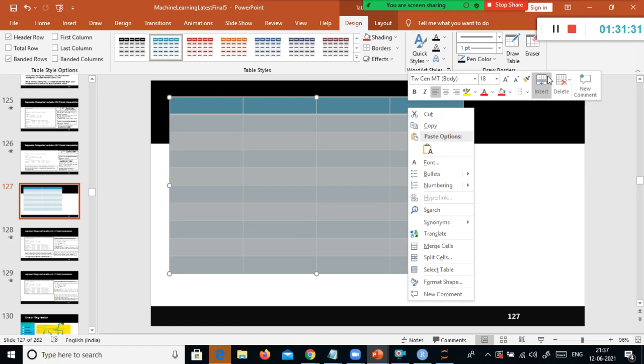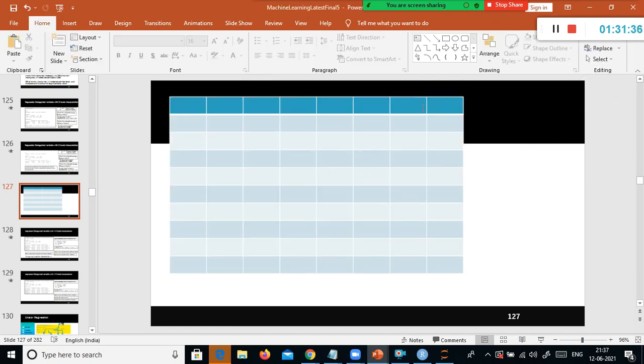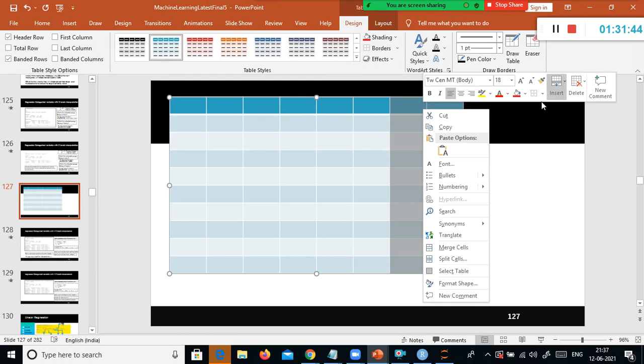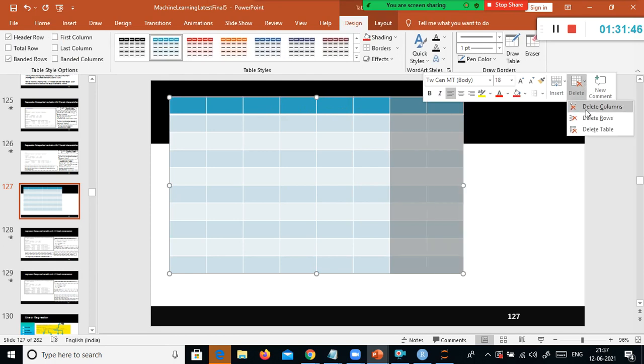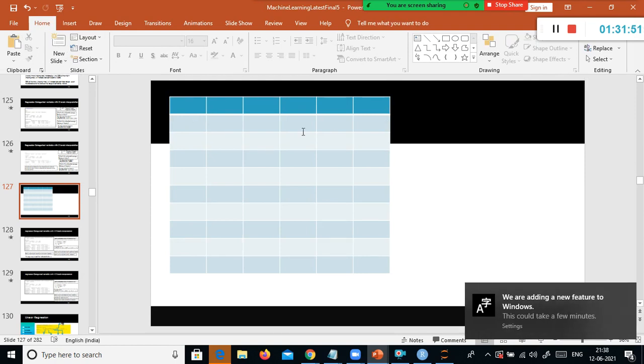Insert columns to the right, yeah. So 5 folds, 10 folds, 10-fold cross validation.